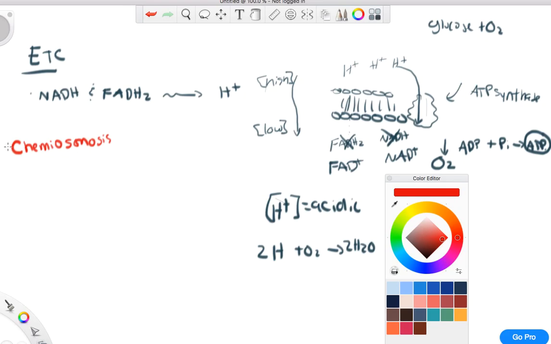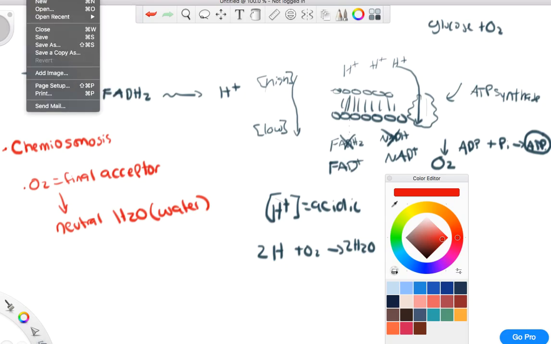So O2 equals final acceptor. And the O2 will lead to neutral H2O, aka good old water. And you're not going to have acidic environment in your cell, which could lead to protein shape degradation or denaturing.